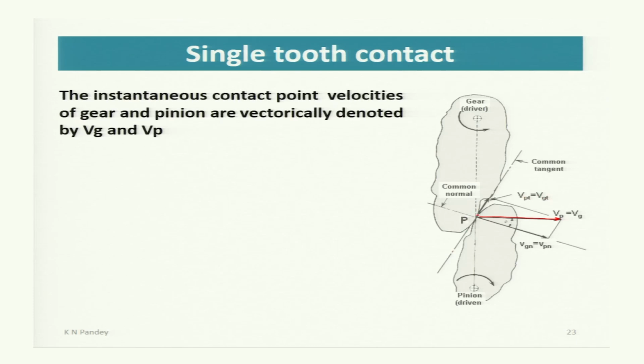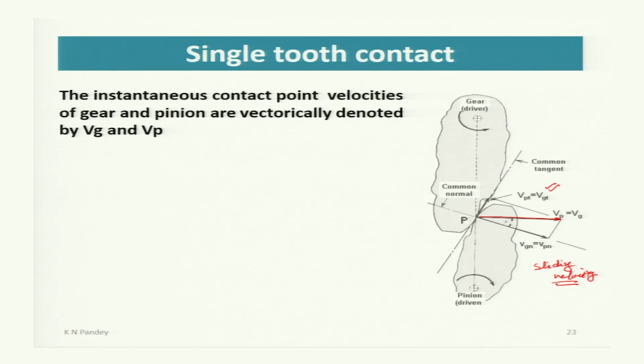Now, when the contact is at pitch point, then these two components will be the same, but when contact is other than pitch point, then these two values will be different, and the difference of these two gives us the sliding velocity between the two gears.